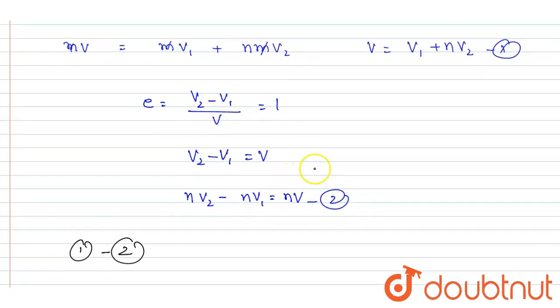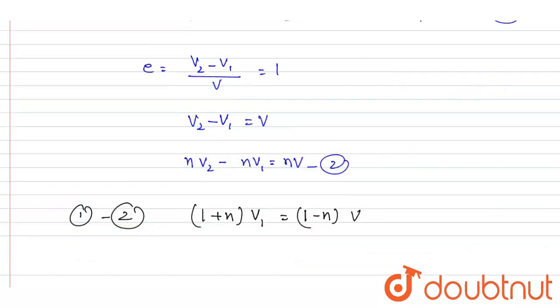So n v2 will get cancelled out, and it will be v1 plus n v1, and here it will be 1 minus n times v, right?